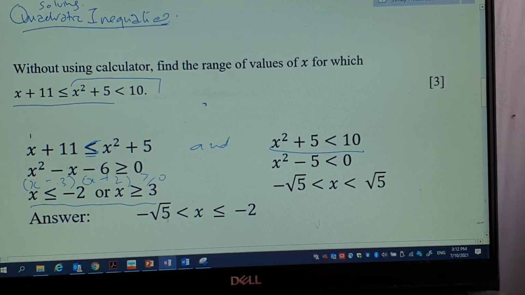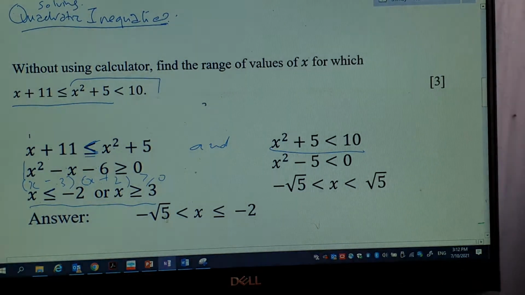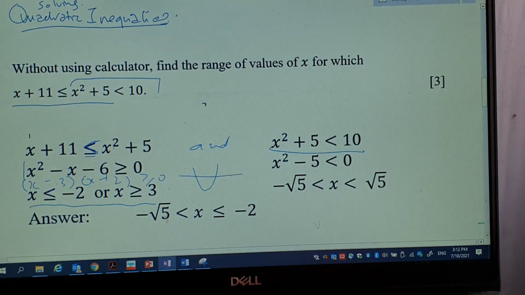Now, after you have done this, you need to remember Jaren taught us always put happy face, right? So this is a happy face, and the smaller number, which is minus 2, is on the left, bigger number, which is 3, on the right. This is your x. Then you want greater than 0, meaning here and here.